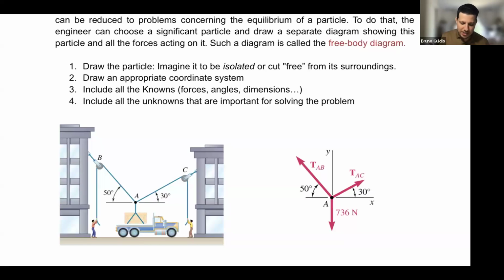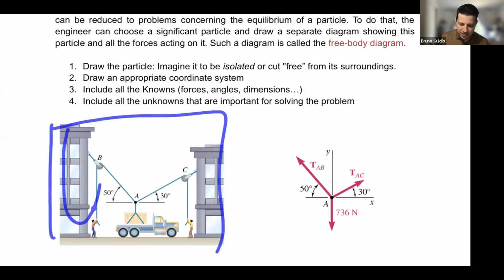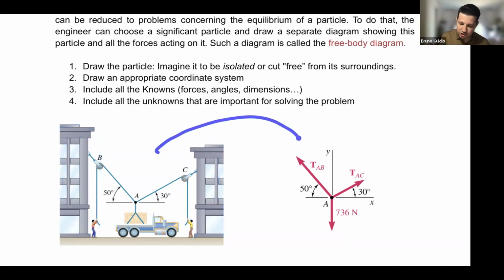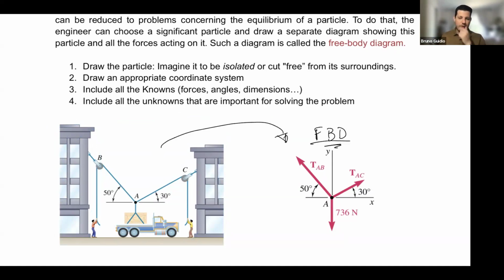So from this problem, with buildings, truck, box, guys, and other cables that for us doesn't matter right now, I'm changing to this free body diagram, to help us visualize.